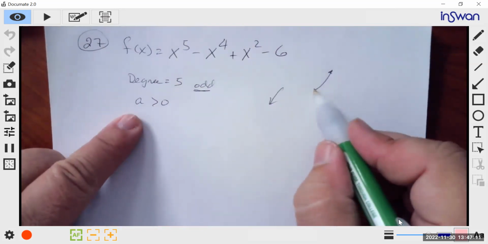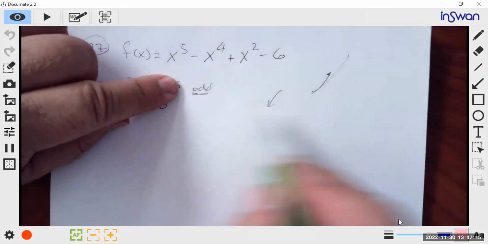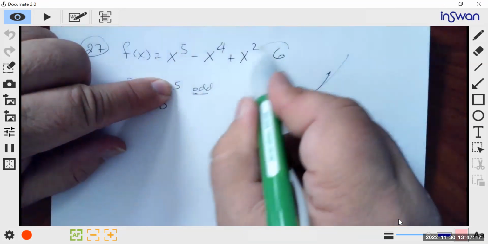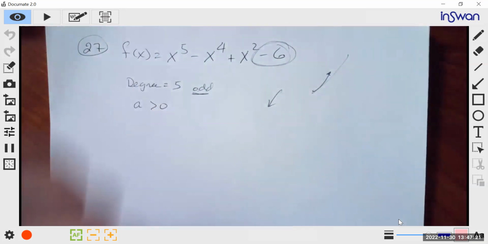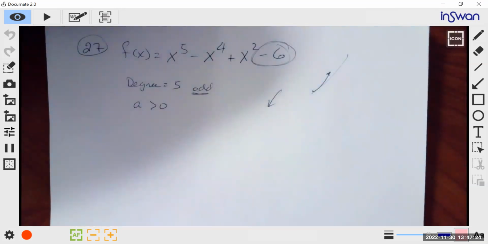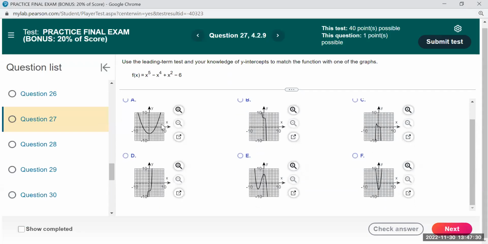If it's positive, it's increasing. If it's negative, it goes down at the end. Since it's odd, it has opposite directions. We also know that our y-intercept is at -6. So if we look at all they have in their pictures, we know it can't be the first one. It can't be this one.